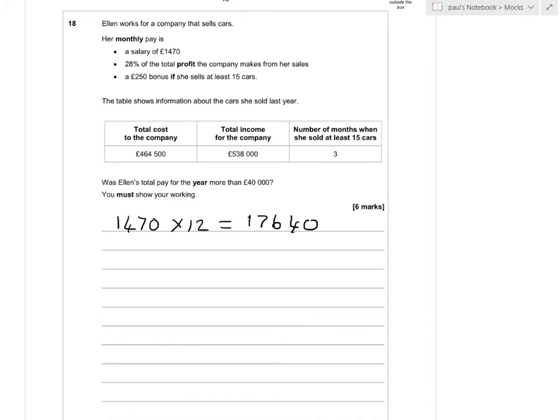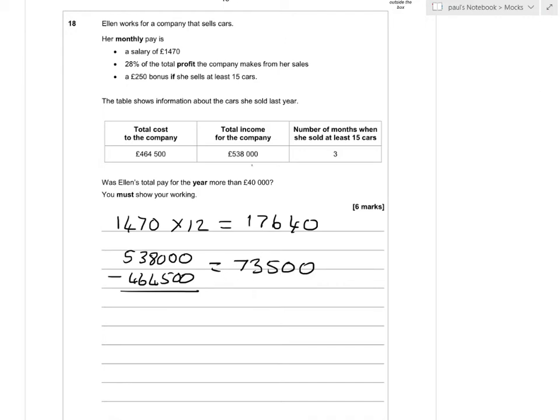So we're going to work out the profit. So income and cost. 538,000 take away 464,500. That is 73,500.